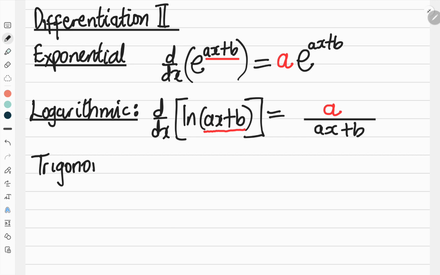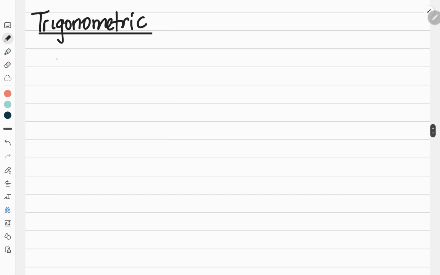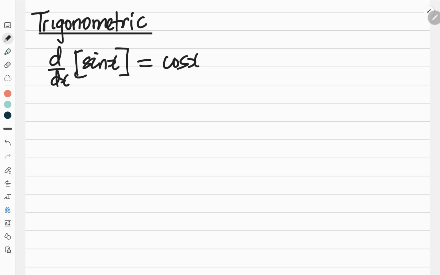It's in the form of trigonometric functions. So trigonometric differentiation, what are we going to do? We have the following basics. We have the derivative of sine x being equal to cos x.